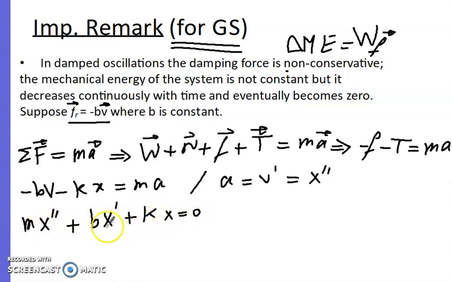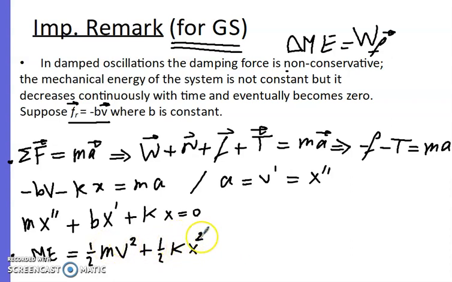This is the second order differential equation for the damped oscillation. Let me now find the mechanical energy. Mechanical energy at any time is half mv squared plus half kx squared, right? Here we suppose GPE equals 0 since the body moves on the horizontal reference.